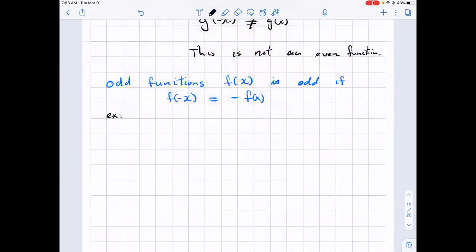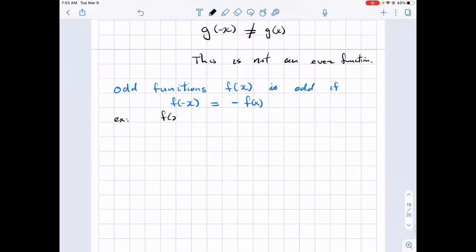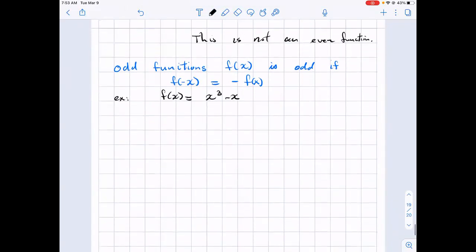Example: f of x is equal to x cubed minus x. So find f of minus x.